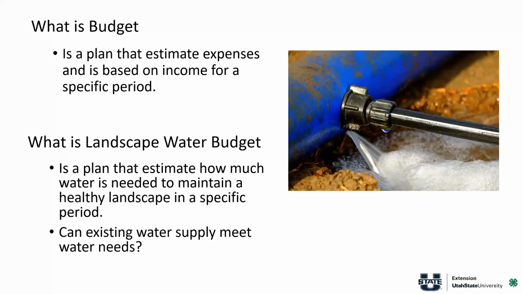If you have high water using plants and you want to cut your water use, then you can budget it by choosing low water use plants. So landscape water need, or landscape water budget, is the water required to maintain a healthy landscape for a specific amount of time.